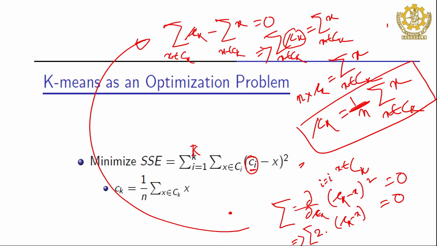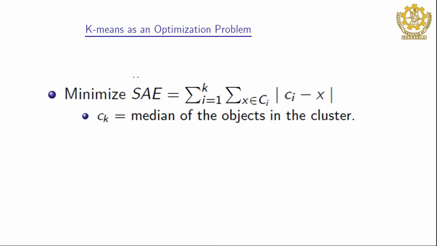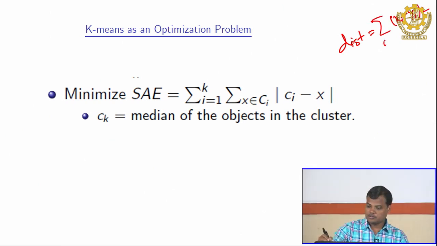Similarly, consider the case where the SSE uses the L1 distance. Earlier we considered the distance as the summation of (x_i minus y_i) squared, for i equal to 1 to d.